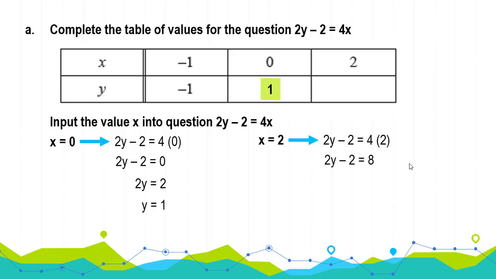So, it becomes 2y minus 2 equals 8. Negative 2 moves to the right side, so it becomes 2y equals 8 plus 2. So the value of y is 5. Write in the table.